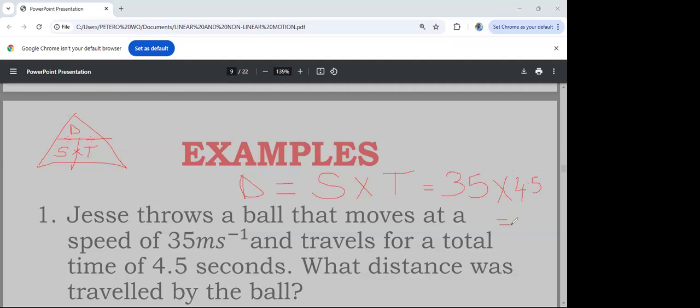So what will be our answer there? 157.5 meters. So always remember to put units on your work after the calculations.